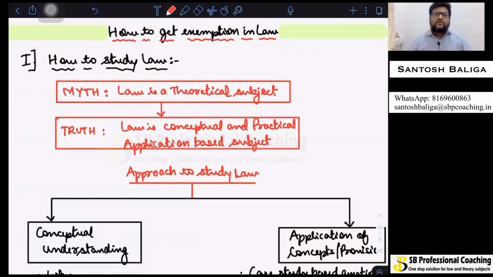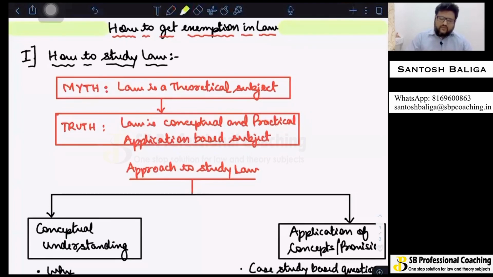So first of all, let me break one myth that most of the students, especially CA students, have. The myth is that most of the students feel that law is a theoretical subject. Let me tell you that it is not a theoretical subject, it is a practical subject. Until you change your approach that it is a practical subject, you will not be able to get an exemption in law.